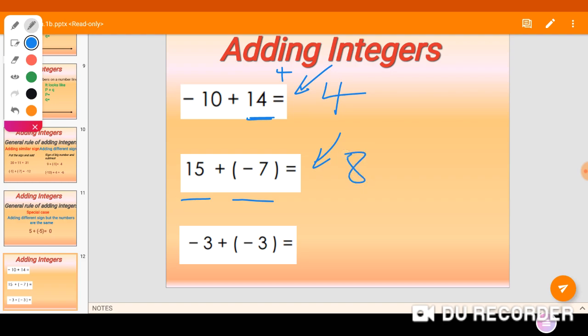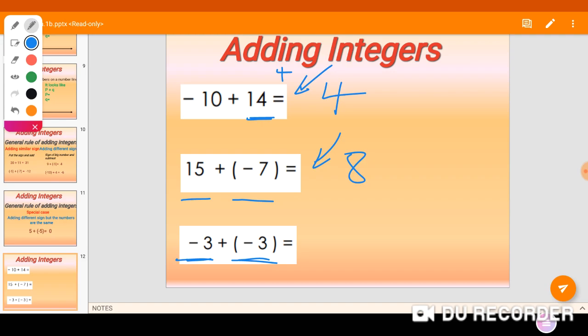What about negative 3 plus negative 3? Don't make a mistake and tell me 0. No, this is similar sign, not different. Please notice it.